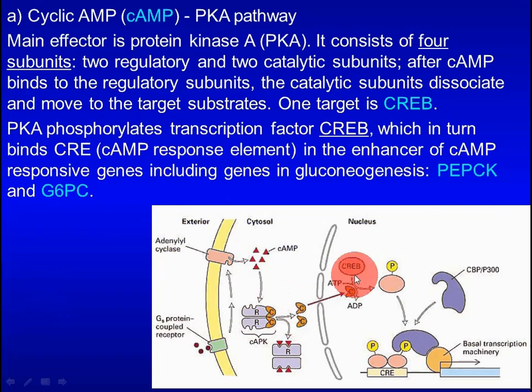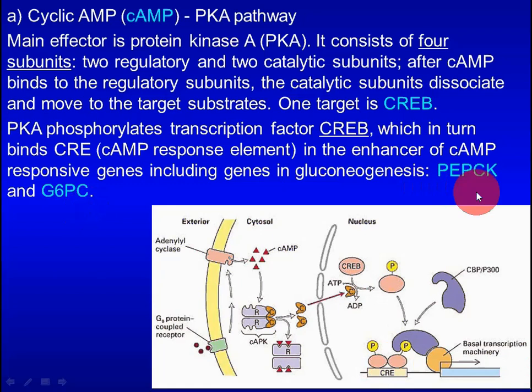One target is CREB, a transcription factor. PKA phosphorylates CREB, and phosphorylated CREB binds the cyclic AMP response element in the enhancer of cyclic AMP responsive genes, including 2 genes in gluconeogenesis, PEPCK and G6PC.